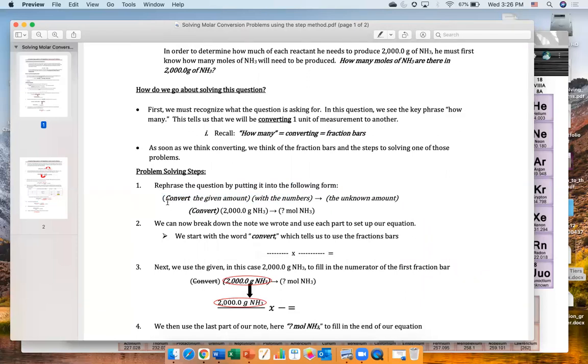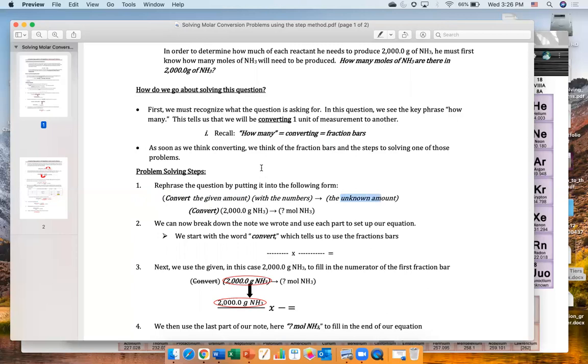The very first thing I'm going to write in the first set of parentheses is convert. Then I'm going to put in whatever amount I've been given, and then the unknown at the end. So convert whatever I'm given, into what it wants me to convert it into.